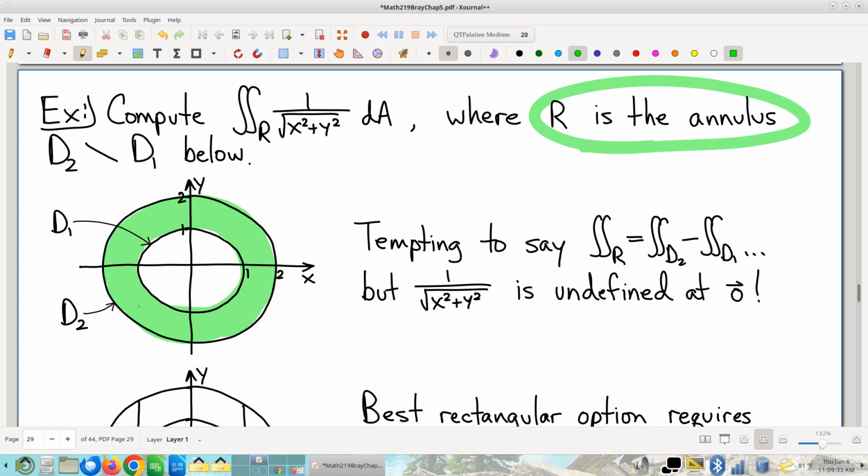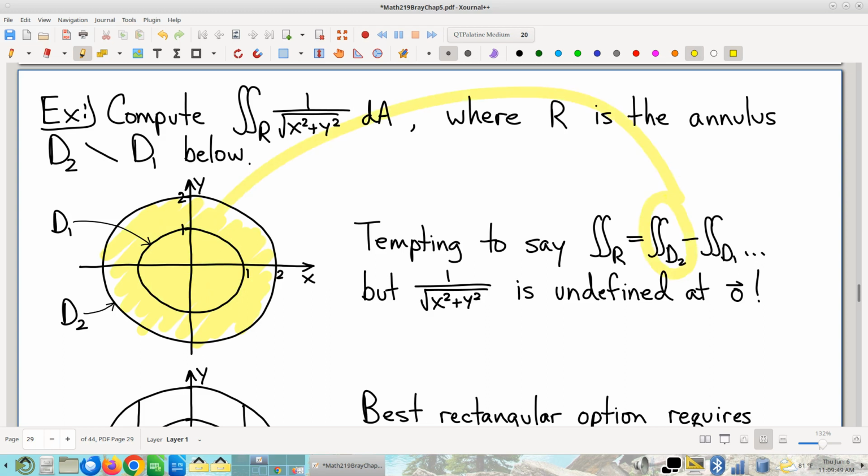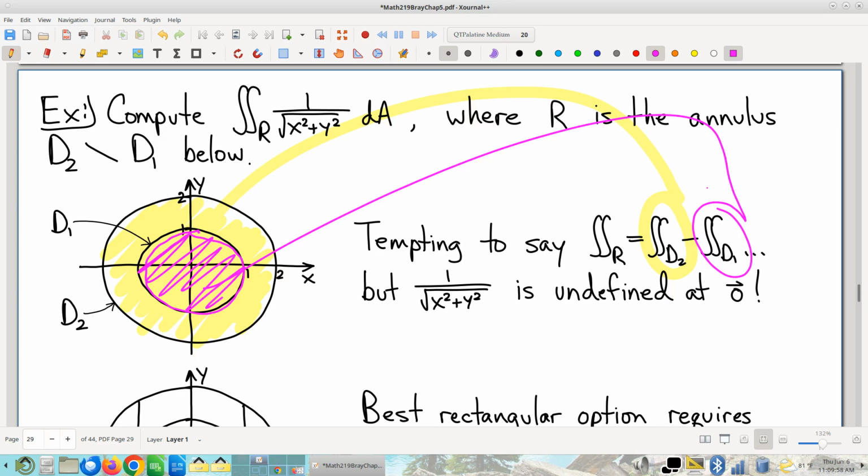Let me point out a couple options that don't work well, if at all. One option is to view this as being this larger disk minus the smaller disk, and I can compute the yellow integral, I would think, and I can compute the purple integral, I would think, and then if I'm interested in the annulus, could I just take yellow minus purple?